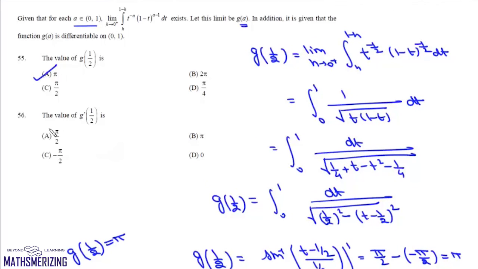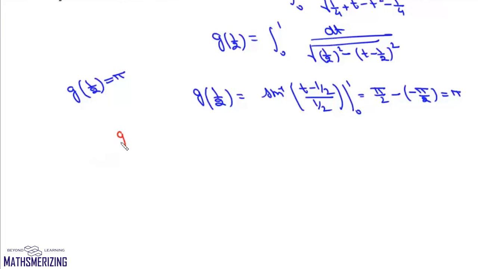Now the next question is find the value of g dash 1 by 2. We're given that g is this limit h tends to 0, this integral from h to 1 minus h t to the power minus a, 1 minus t to the power a minus 1 into dt.